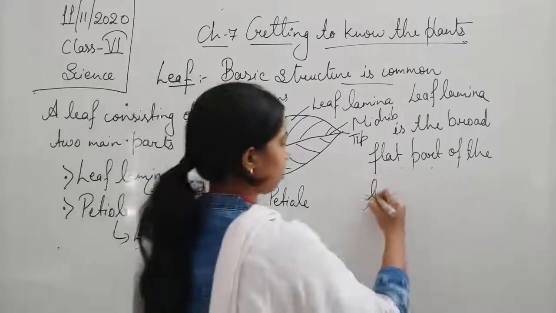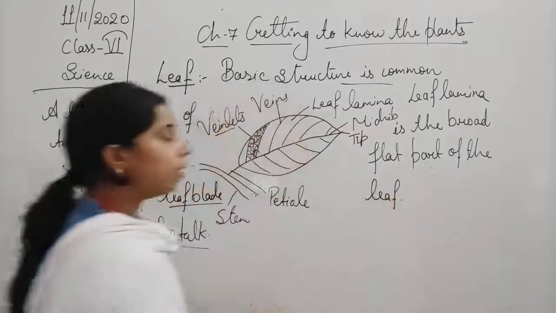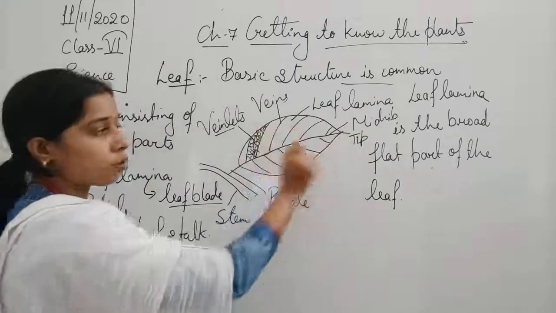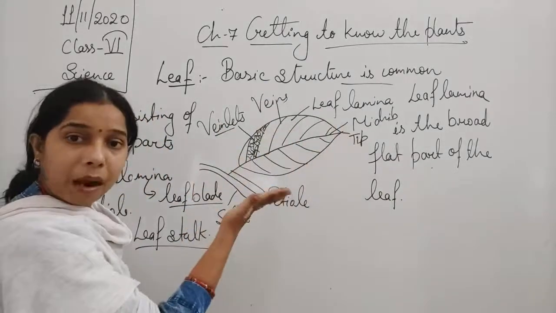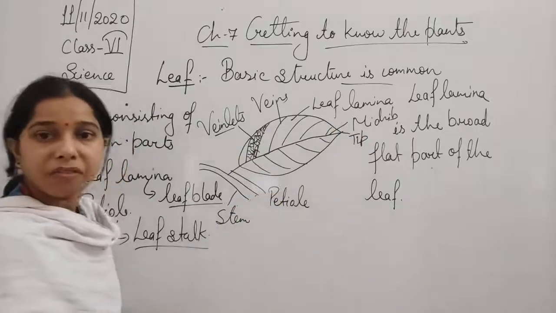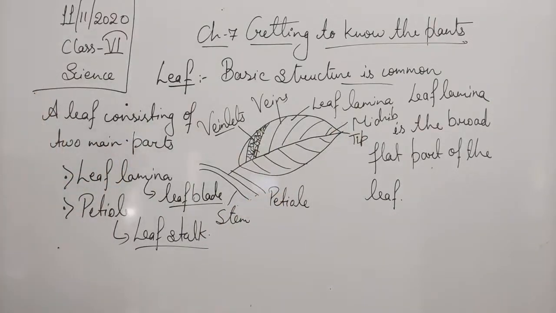Okay, that is known as the leaf lamina. This whole portion, upper surface, the green part, that is known as the leaf lamina. If we talk about the petiole, students, so petiole is what?